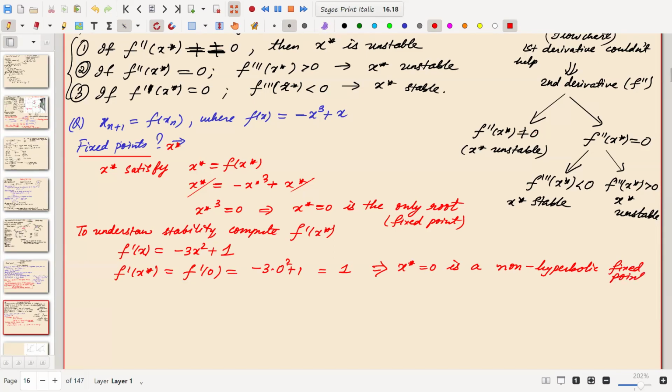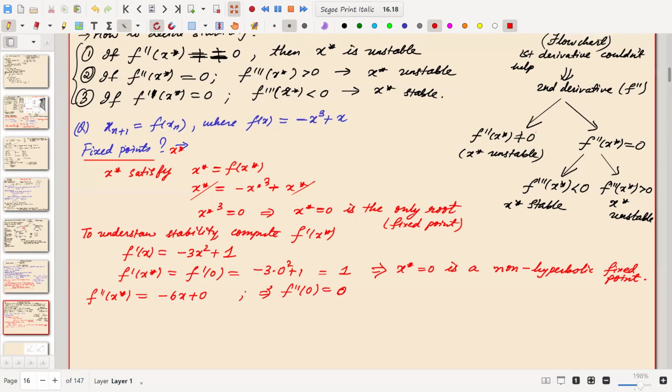So you cannot use the derivative being less than 1 for its stability. Who can help you? The double derivative can help you. What is the double derivative of the map f? Take the derivative of this derivative: minus 6x plus 0. Agree? So f double prime at x star is equal to 0. If it is equal to 0, you come into the branch where you have to compute the triple derivative.